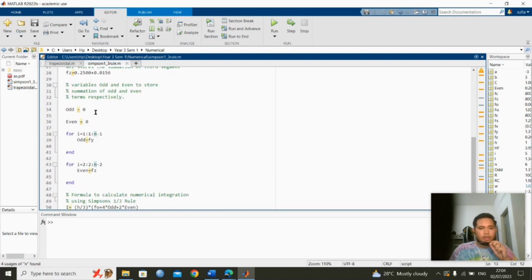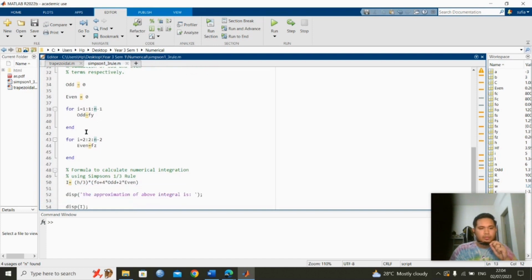For odd, i equal to 1, 1 and minus 1, odd equals fy, and i equal to 2, 2 and minus 2, even equals fz. For the formula, Simpson's 1/3 will be h/3 times f naught plus 4 times odd plus 2 times even.